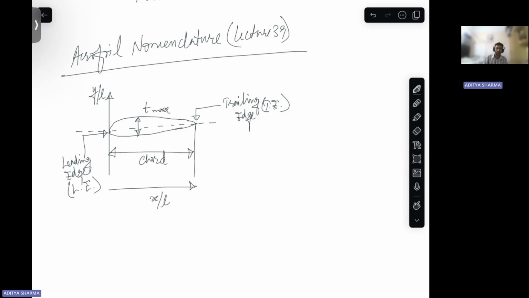You see this figure: the leftmost point in this blade is the leading edge, and the rightmost point is the trailing edge. Then T max is the maximum thickness of this blade.